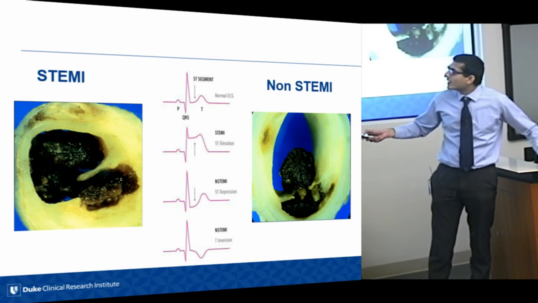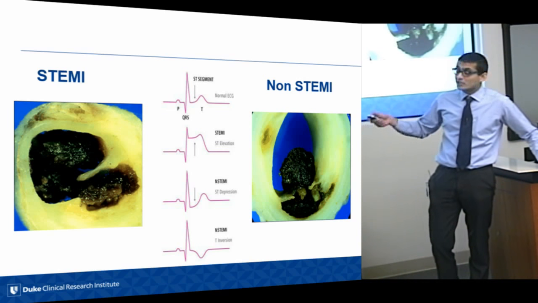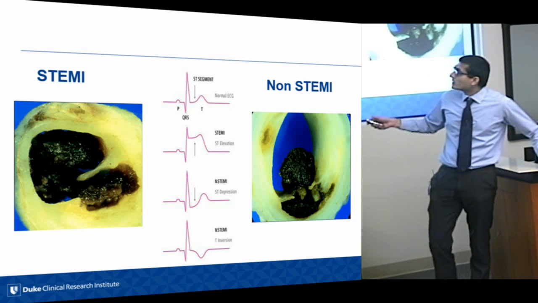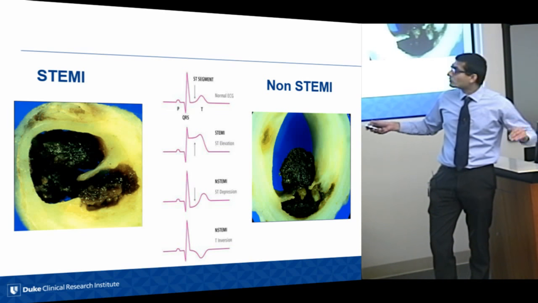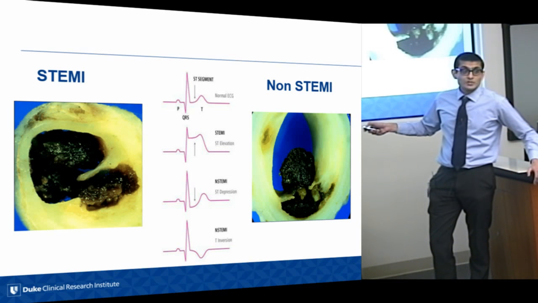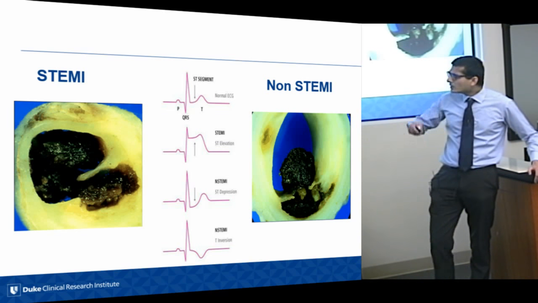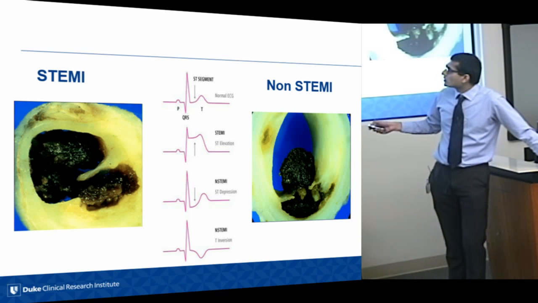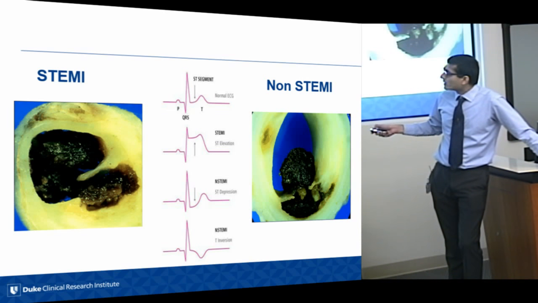Usually when this happens, the hallmark is on the ECG. This is a normal ECG, and we'll focus on the ST segment, which is right here. When the artery is completely occluded, the ST segments elevate, and when they meet certain thresholds, a diagnosis of STEMI is made. On the other end of the spectrum is a coronary artery that similarly has a plaque and a fibrous cap; the cap ruptures and a clot forms.